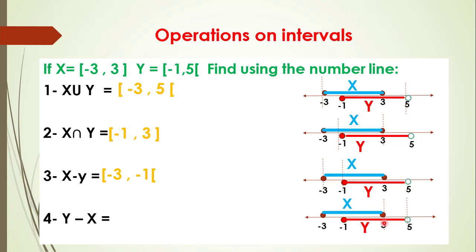So here 3 belongs to x and y, so I open at 3. 5 belongs to y but also doesn't belong to x, so it will be open at 3 and at 5. So y difference x means elements that belong to y but don't belong to x.